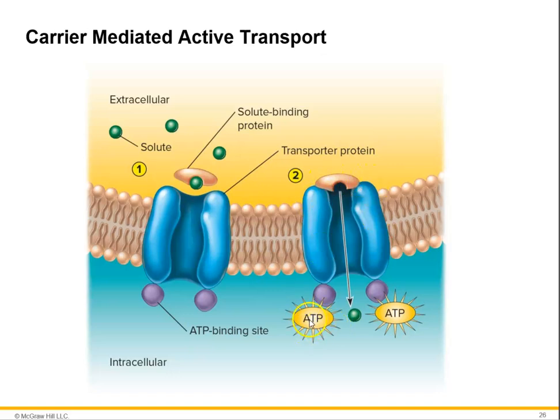And ATP is activated, and when that happens, it opens this channel up and allows the solute to move through. And remember, the solute is going to be moving against its concentration gradient, so it's going to be going from areas of low concentration to areas of high concentration.